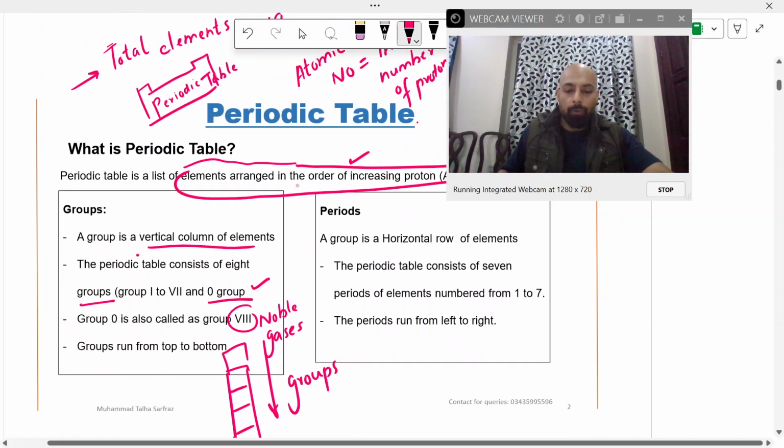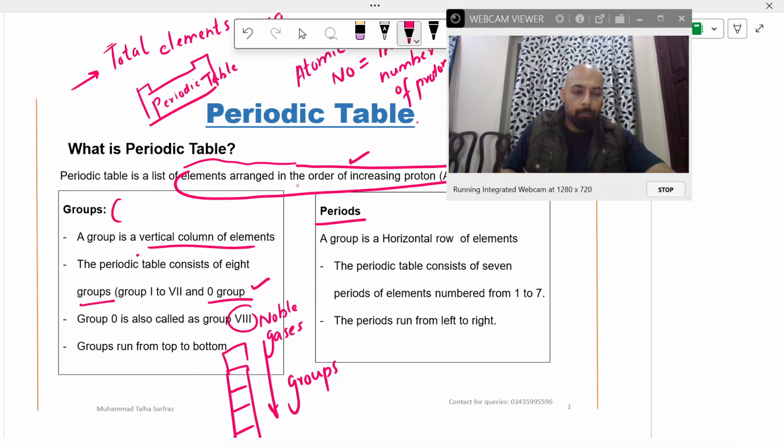Let's focus on the periods now. You can also say groups are columns, and periods are rows. Rows are basically a horizontal arrangement of elements.